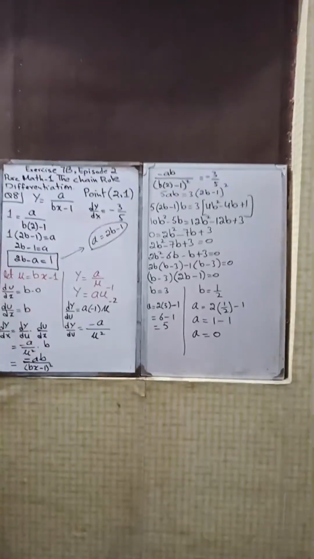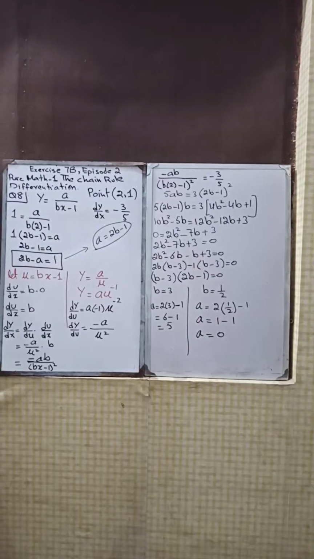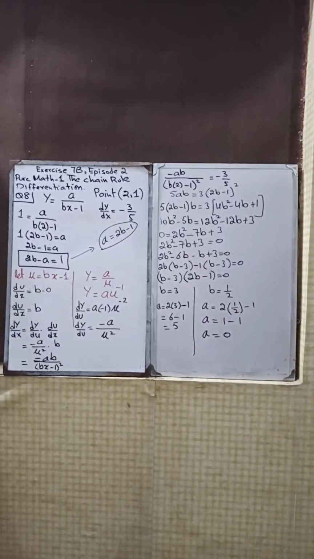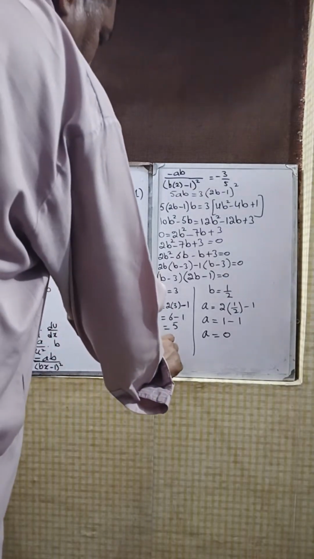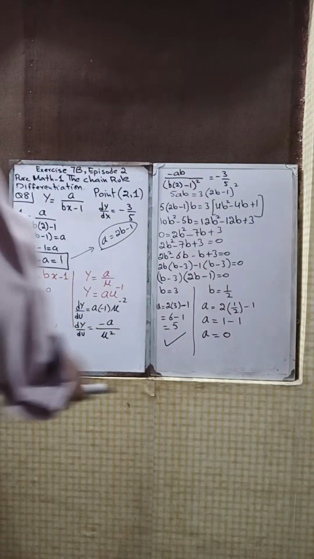Their question was also to find the value of a and b. Let me check. The a value is 5 and the b value is 3. They have taken these values. They have not taken the other value.